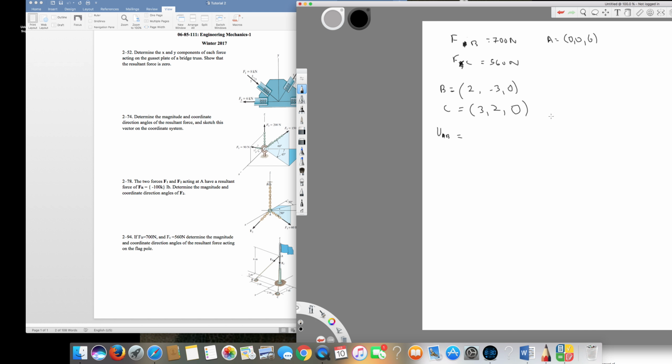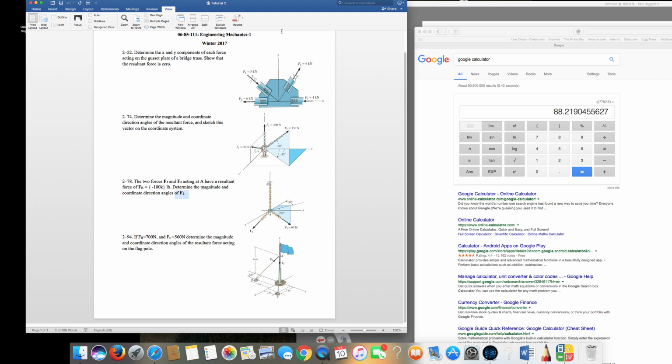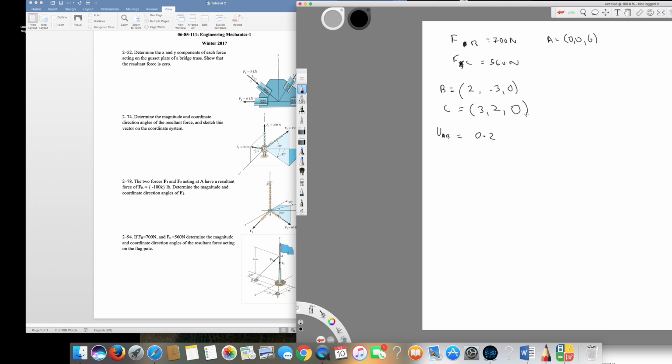Subtract the B from A. So it's going to be what? 0 minus 2, then 0 minus 3, so it's going to be positive 3.